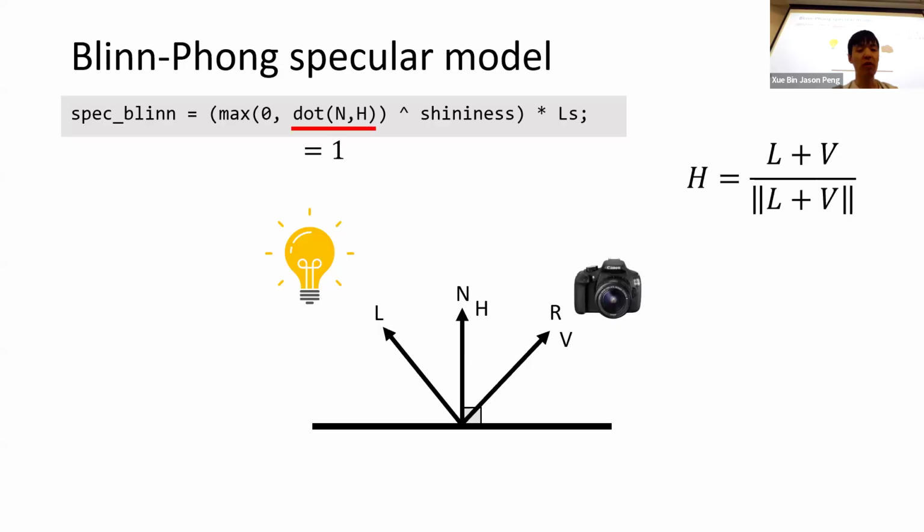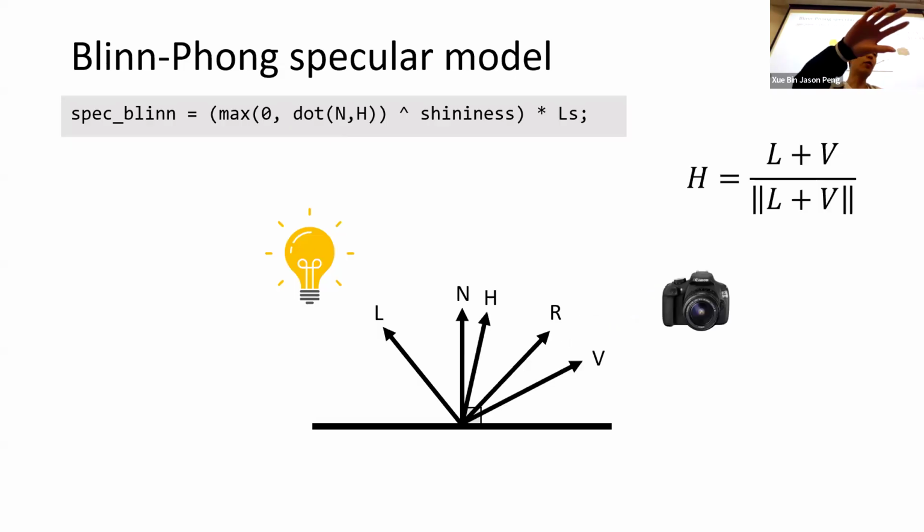But now let's see what happens when we move the camera away from the reflection vector. As the view vector moves further and further away from the reflection vector, the half vector is also going to move further and further away from the normal vector. So as the camera moves away from the reflection direction, the dot product is also going to decrease in value, which means that we are going to see a less and less intense specular reflection as the camera moves away from the reflection vector.